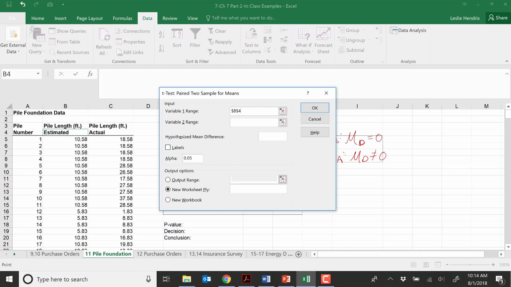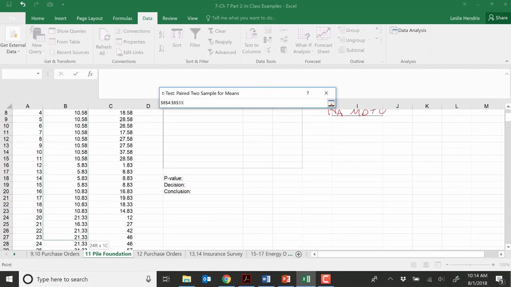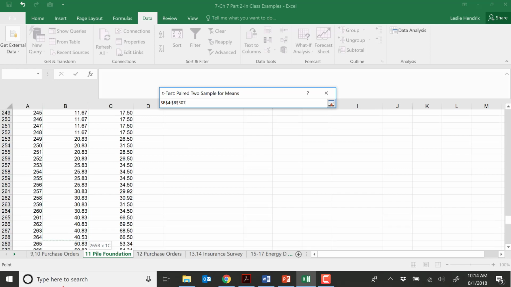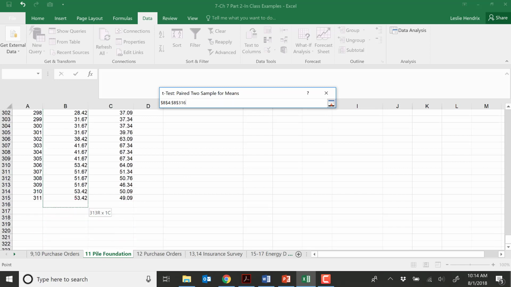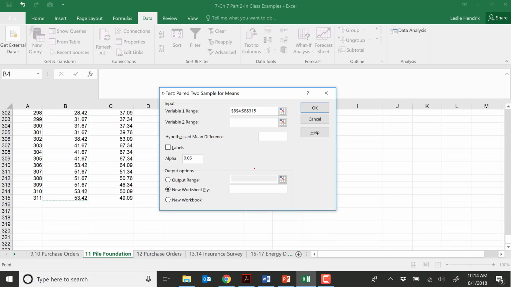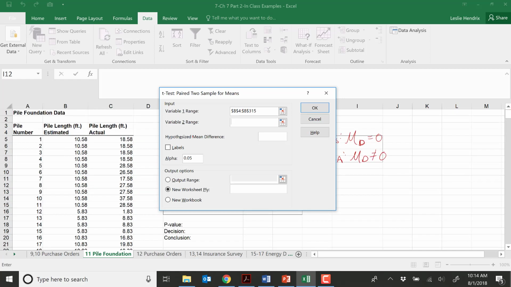Oop, my computer's acting up. There we go. All right, so it goes down to 315. So I'll make a note of that for this next one. And my actuals will go from C4 through C315. There we go.